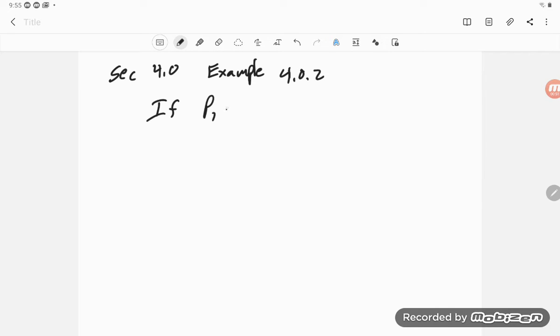So I've got 2 points out here in the XY plane, X1, Y1, and X2, Y2. So I have these 2 points, and they are distinct.